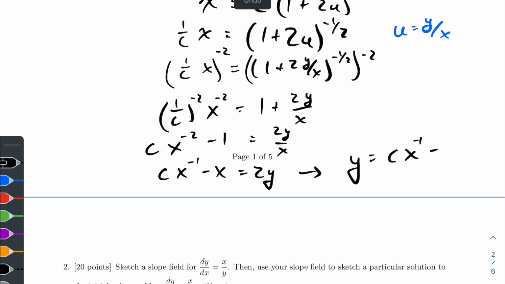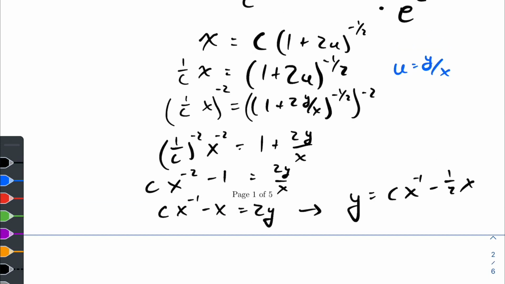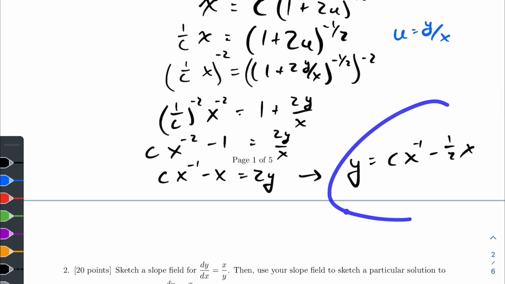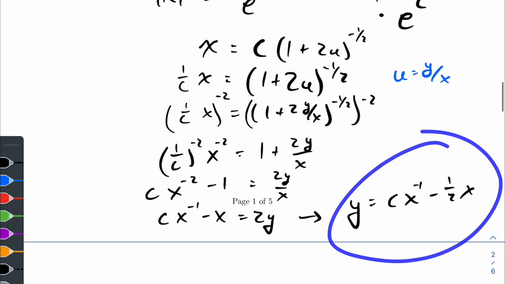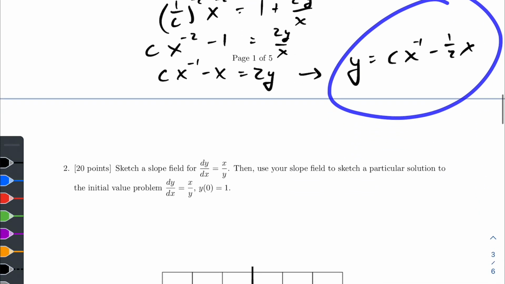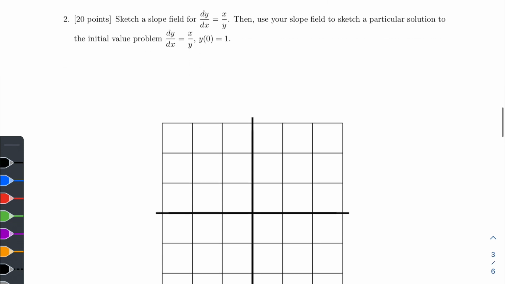Sorry, minus 1/2 x. I just had to pause because I wanted to check my work on this, since there are a lot of steps here, and I was trying to be careful that I did everything right.